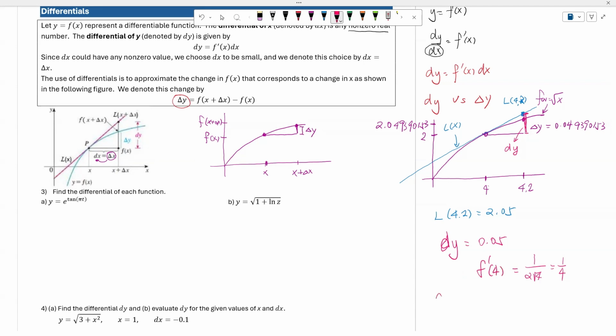Then dy is f prime of 4 times dx, so I have 1/4 times dx, which is 0.2, which is 1/4 times 1/5, or 1/20, which is 0.05. This is exactly what we have here.